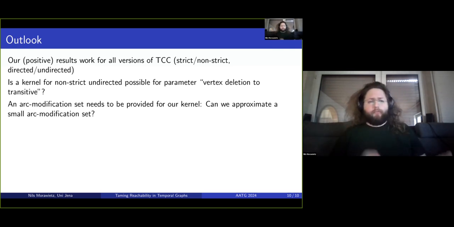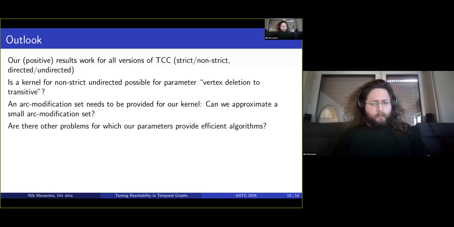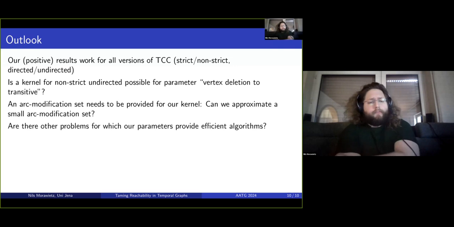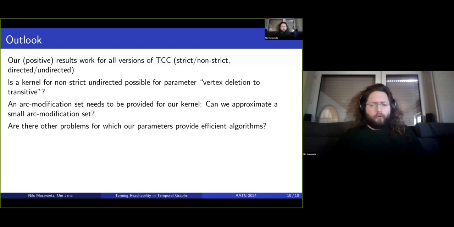If this would be possible, then we immediately would get a polynomial kernel for this parameter, and we assume that maybe not a constant factor, but a polynomial factor approximation for this set should be possible. It would also be interesting to see if other problems can be solved efficiently if these two new parameters are small.